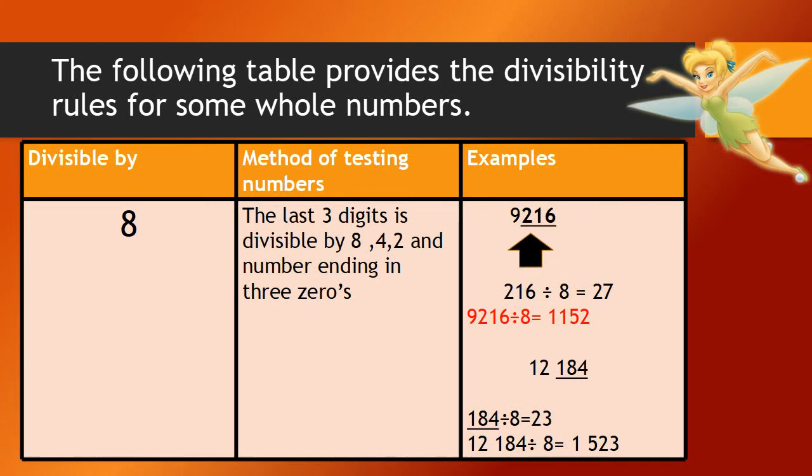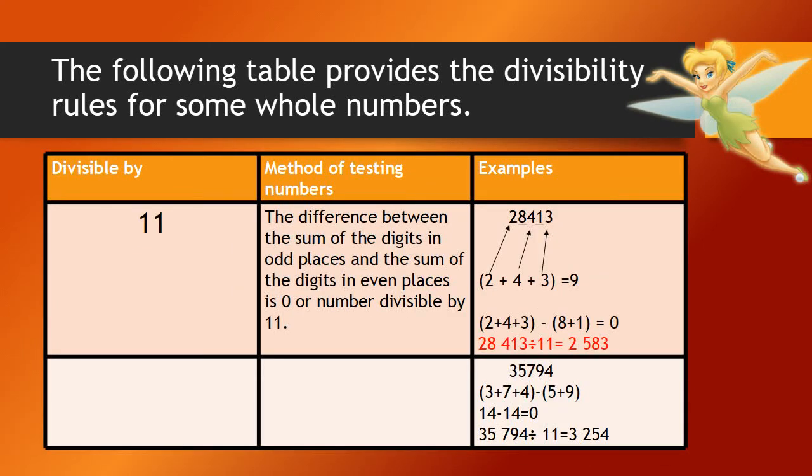Another example is 12,184. So 184 is the last three digits, divided by 8 is 23. So therefore, 12,184 divided by 8 is 1,523.